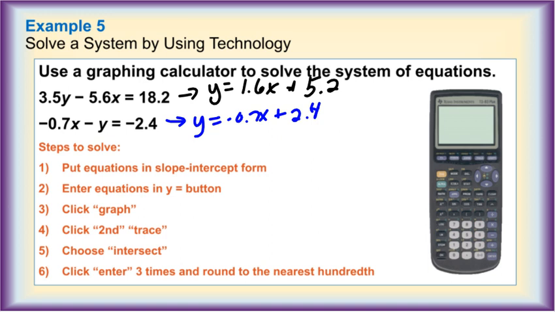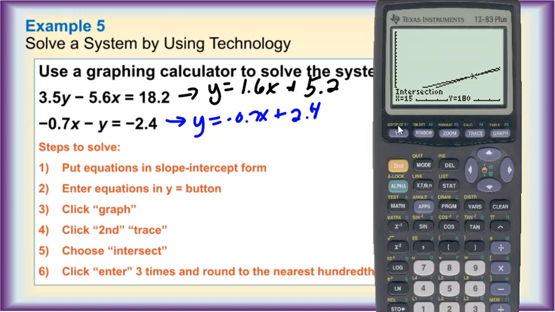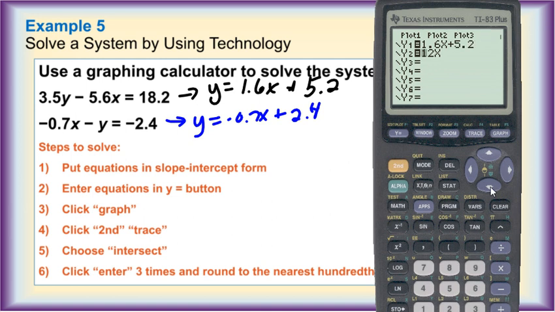Now if we take our calculator here, put our y equals, type the first one in, 1.6x plus 5.2. The other one would be negative 0.7x plus 2.4. If I hit graph, here I'll have to change the window settings. Let me do zoom number 6.